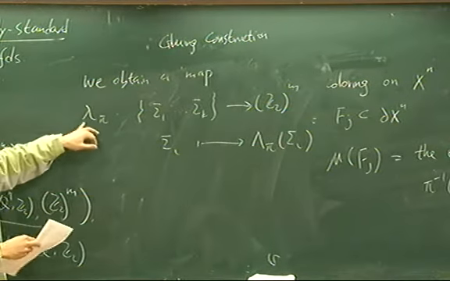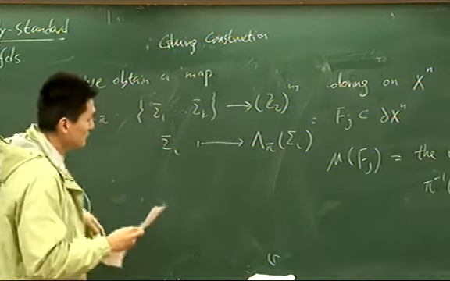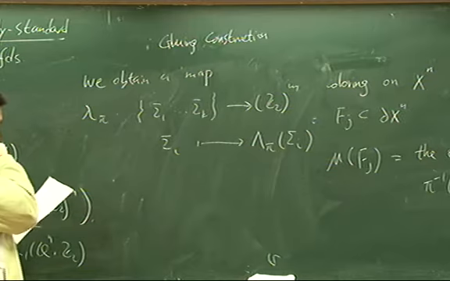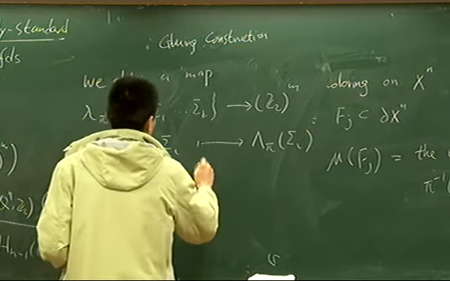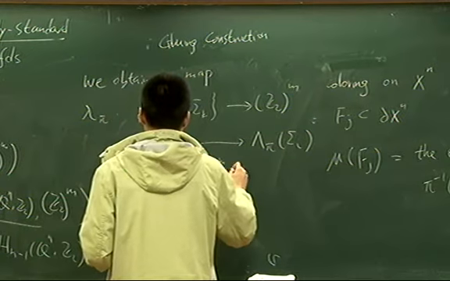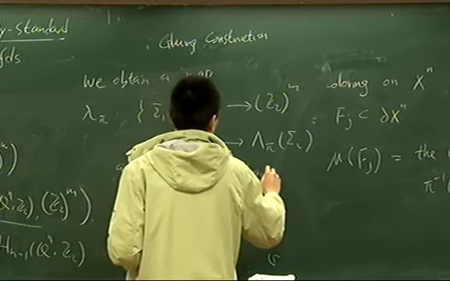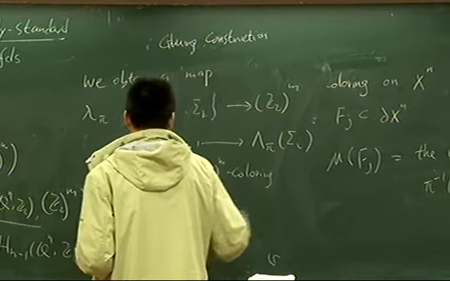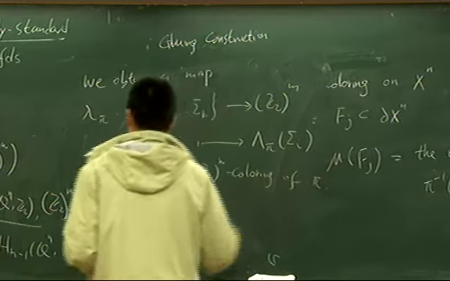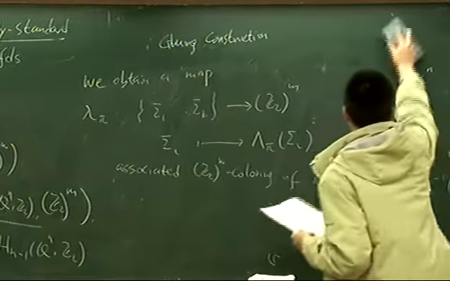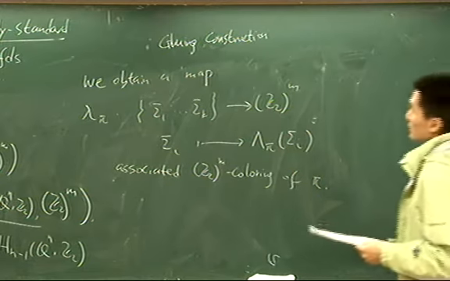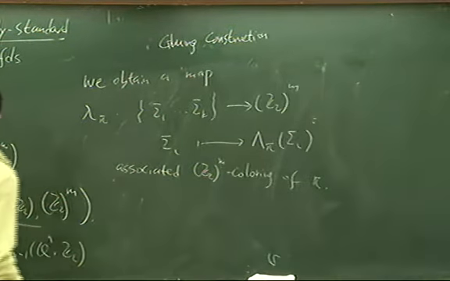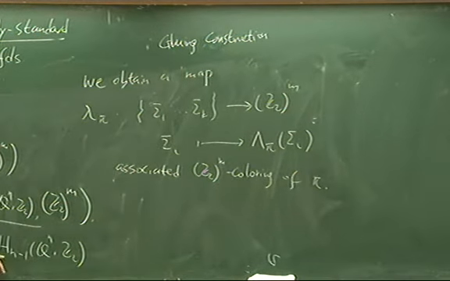I use small lambda to represent this map. This is called the associated Z2m coloring of pi. So the information is encoded by assigning a coloring to a basis of the n-1 homology group of Qn.